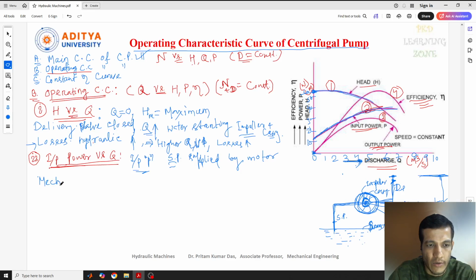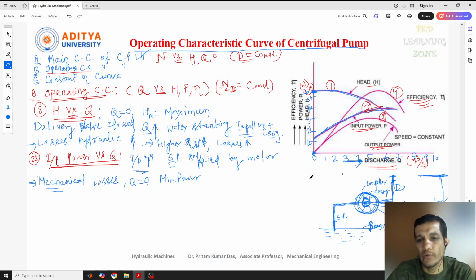To overcome those losses, even at zero discharge, Q equal to 0, we require at least some minimum power, which will overcome the mechanical loss.